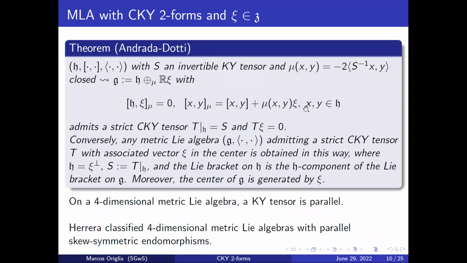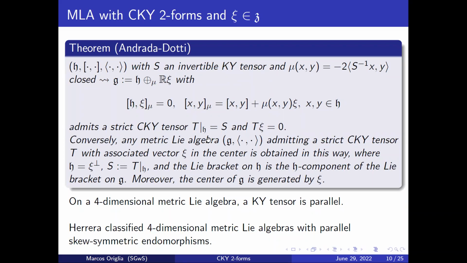So these are the mu Lie brackets. If you take the tensor S in H and extend it by 0 in the new direction, then this T is a strict conformal Killing tensor. So conformal Killing, but not Killing. And this is always the case.